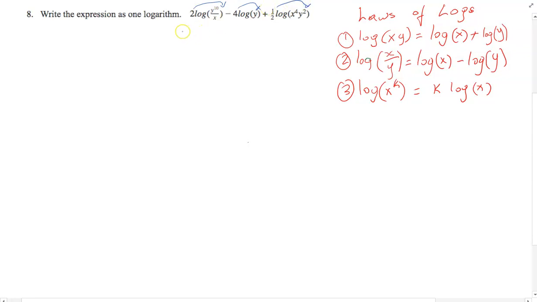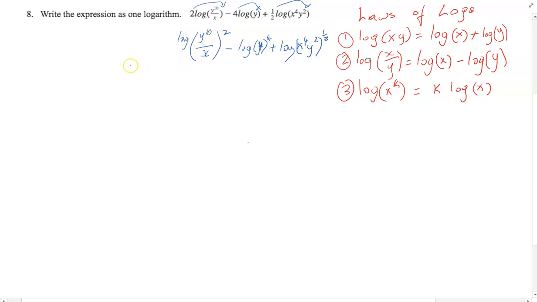So we have log of y to the 10 over x, all squared, subtract log of y raised to the 4th, plus log of x to the 4th y squared, raised to the 1/2.